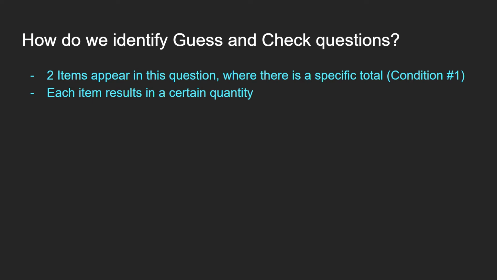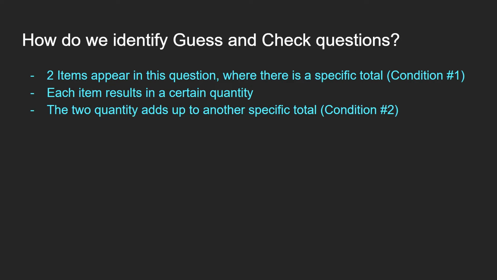And next thing you need to know is that each item results in a certain quantity. Like 20 cent coin gives you 20 cents of value, and 50 cent coins give 50 cents of value. And the two quantities add up to another specific total, which is our condition 2. So let's say in total the 20 cent and 50 cent coins give $5.